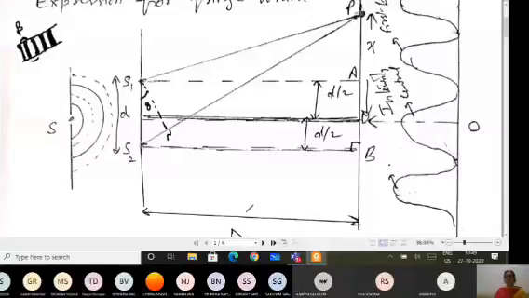So I am able to write this expression for the path difference, which is of course S2N, equal to S2P minus S1P, and I get the condition for path difference to get maxima and minima, that I will be putting here.